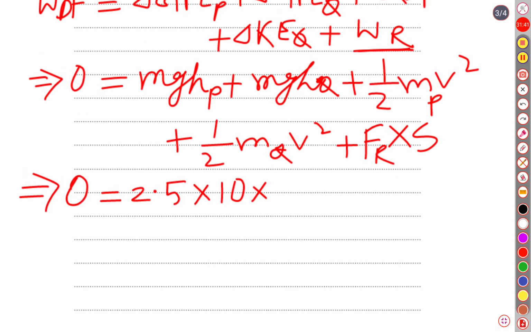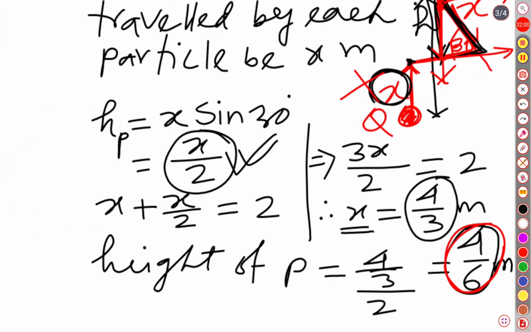So negative 4 over 6, plus mass of the particle Q is 0.5 into 10, and height of Q, that means the distance traveled by Q. For Q it was x, x means 4 over 3.